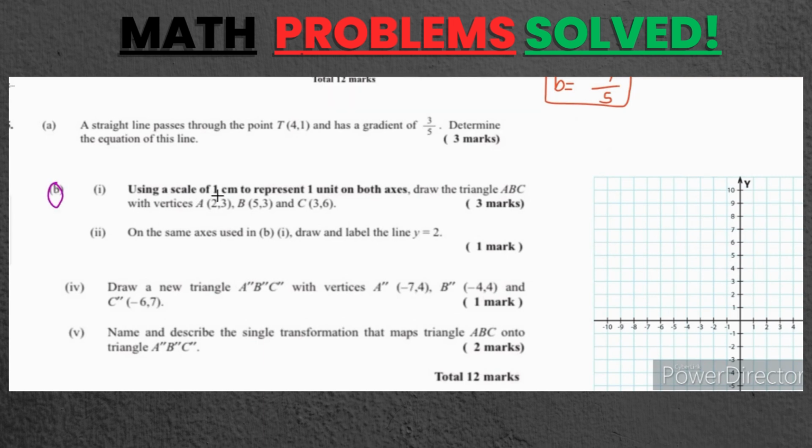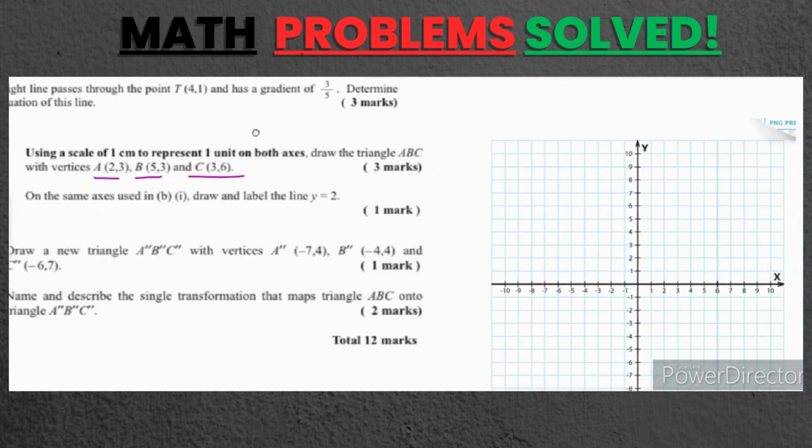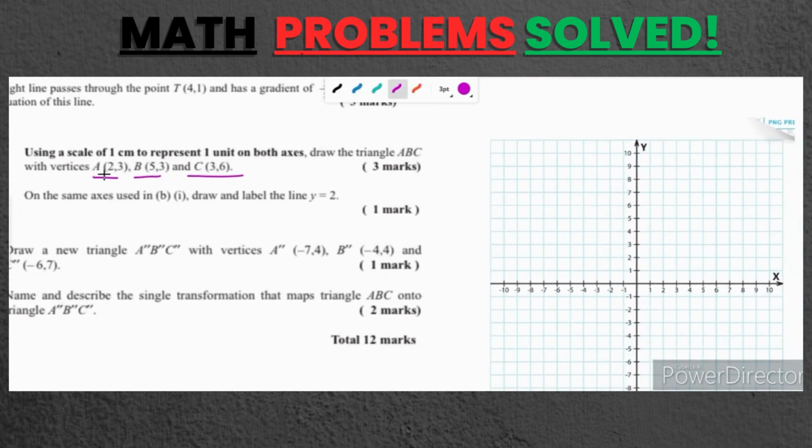So we will represent the given vertices on the graph. What's the point A? Point A is (2, 3). It means on the x-axis it is 2 and on the y-axis it is 3. So this is the point A, right?